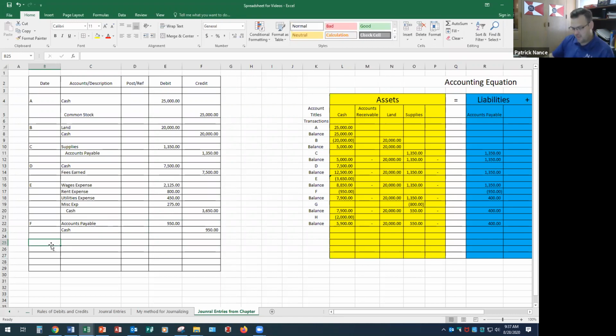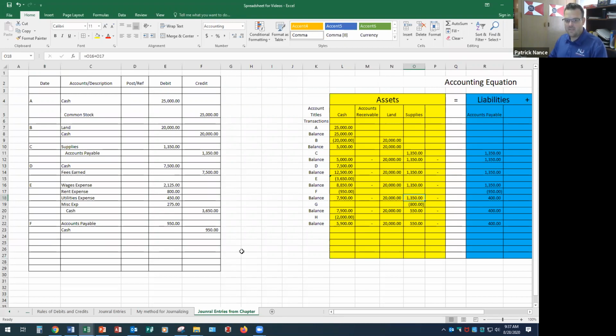Transaction G says Net Solutions determines the cost of supplies on hand was $550. So this is the one that was kind of weird because we had supplies. You have to go into the balance in the account in order to do this. It says that $550 is what we have left, which means we've used up all but $550. So what I need to journalize is not $550, but instead how much I used. Well, I can go over here to my supplies and look. You see that my supplies balance is $1,350.